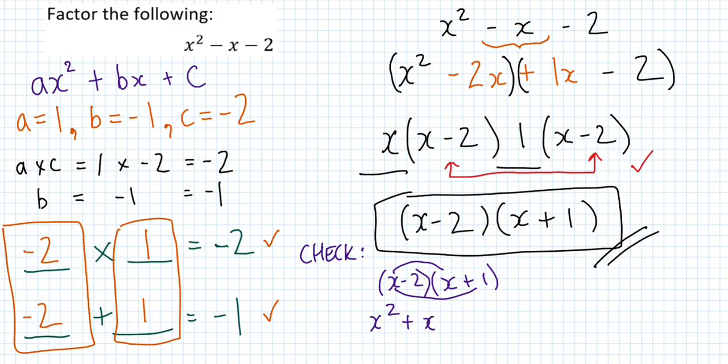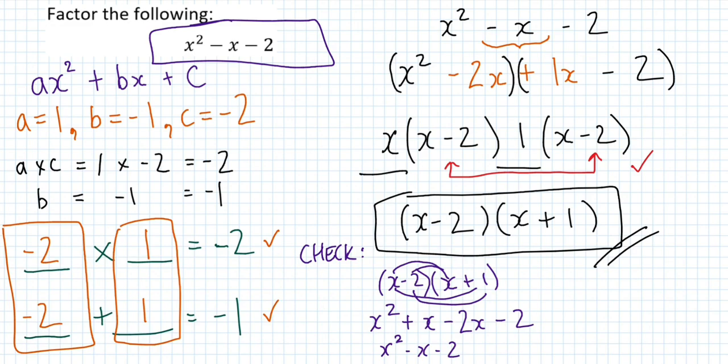Negative 2 multiplied by x is negative 2x. And negative 2 multiplied by 1 is negative 2. When we collect like terms in the middle, we can just rewrite that as x squared minus x minus 2. And we know that that's correct because that is the exact equation that we started with at the top.